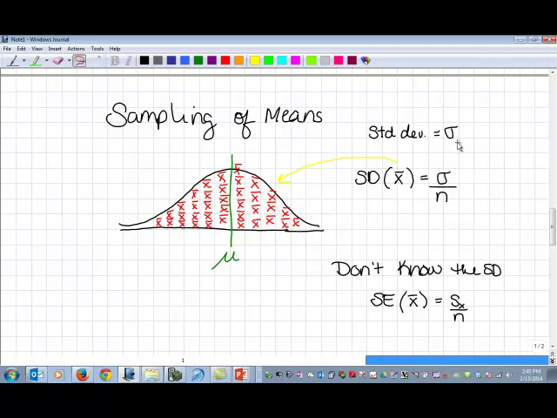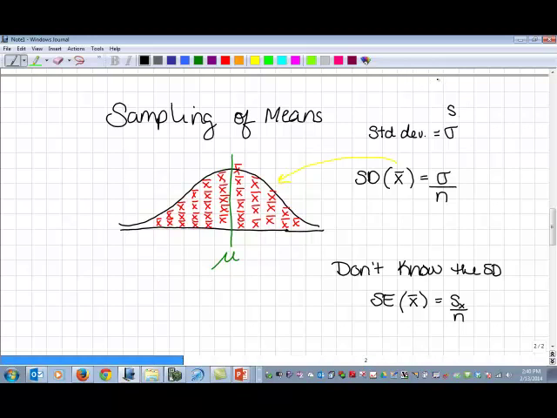Now here, remember the standard deviation for each of those individual samples would actually be s. So our standard deviation would be s of each of the samples. Standard deviation of the population, remember, is sigma. And if I wanted to find the standard deviation of my sampling distribution of all those means, it's going to be my population standard deviation, sigma, over the square root of n.